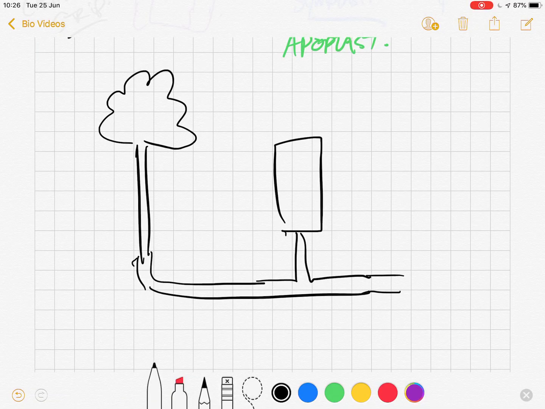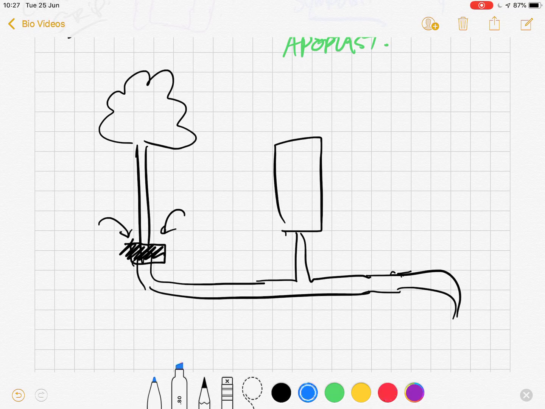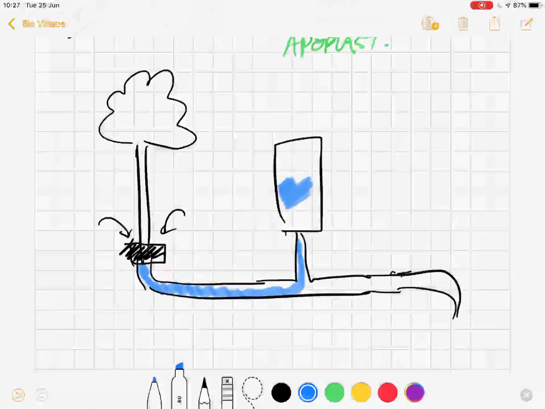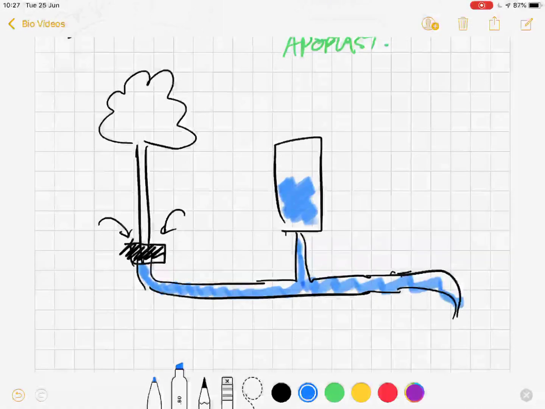So what we have is a plant that has been sealed using Vaseline, petroleum jelly, to create an airtight barrier. And then we have a capillary tube, a really thin tube, filled with water all the way to the end.